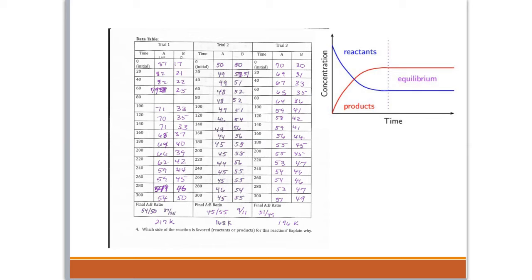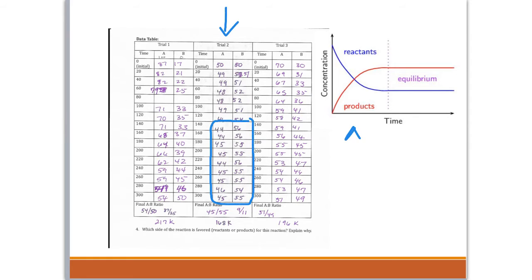In the simulation we did on equilibrium, or on reversible reactions, we did see equilibrium established in our second example. So in our trial number 2, if you look at the numbers, right about 140 seconds, we really see the same numbers showing up again and again. The concentration settled in with about 44 molecules or particles of substance A and 56 of substance B. It fluctuates around that number, but it really doesn't change significantly, whereas in our other 2 trials we were still having quite a bit of change going on.